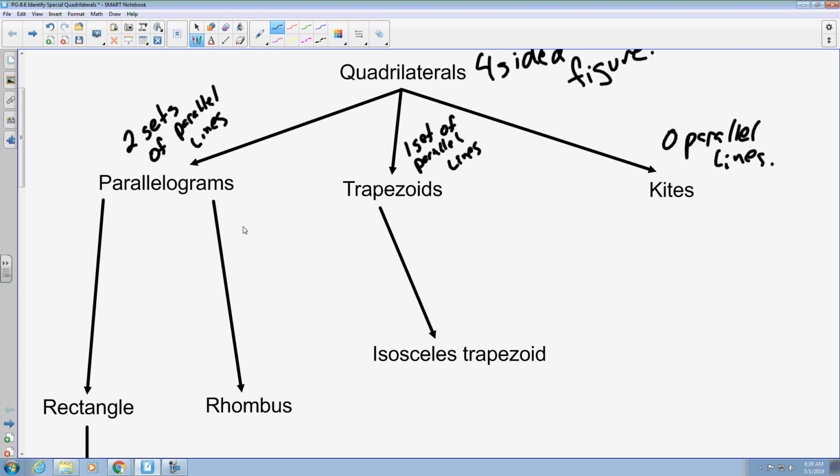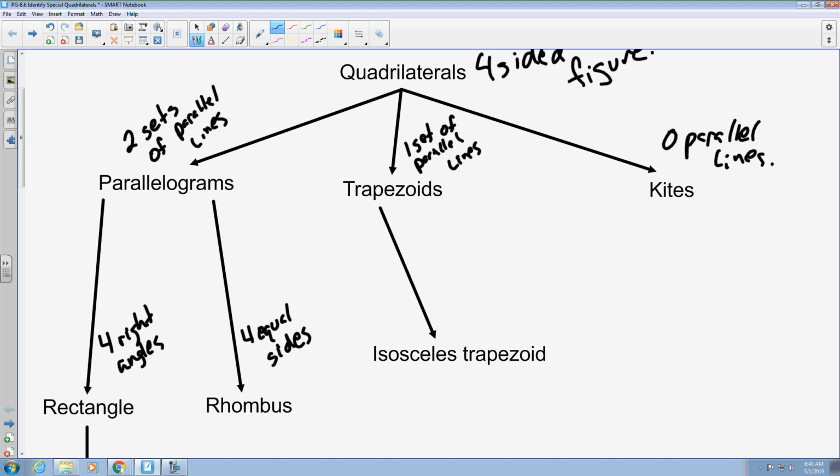you are going to either look at the angle measures in this case, or you're going to look at the side measurements. So if a parallelogram could be a rectangle, that means we have four right angles. And if we're thinking that it could possibly be a rhombus, that means we have four equal sides.